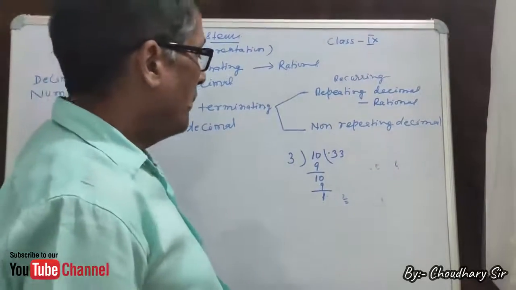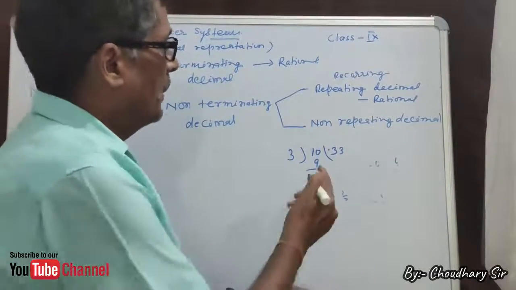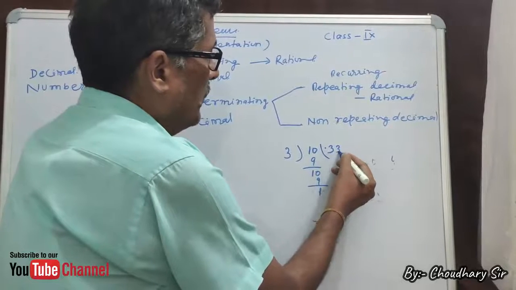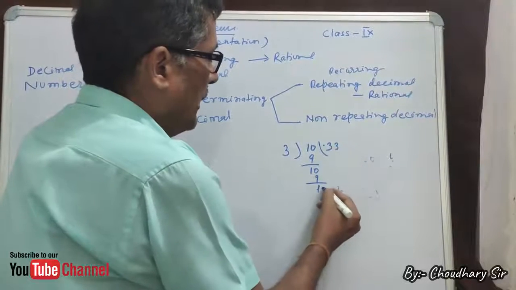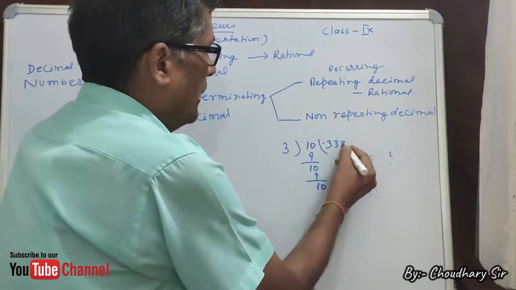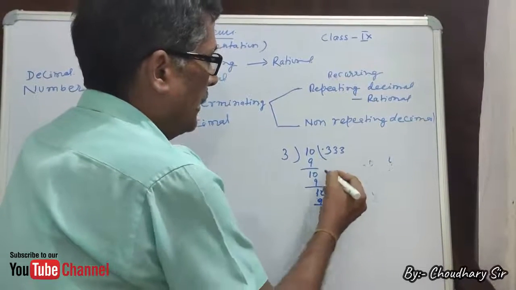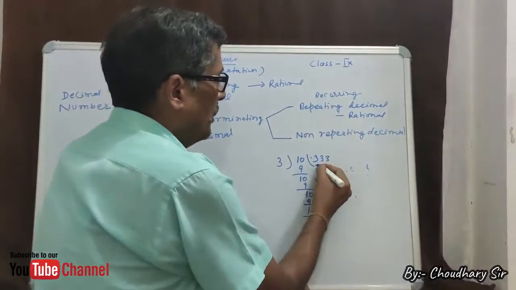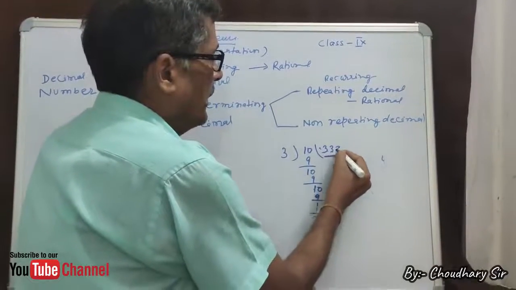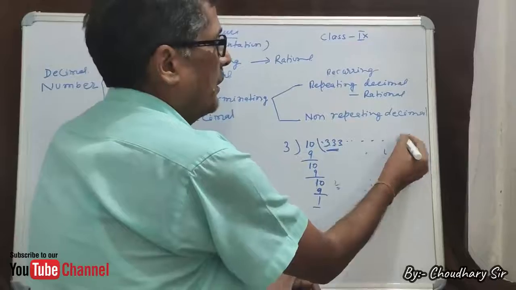Here the question is repeated. Again we put 0 and take 3 times 3. The remainder is always 1. So the answer will be 0.3333 up to infinity.